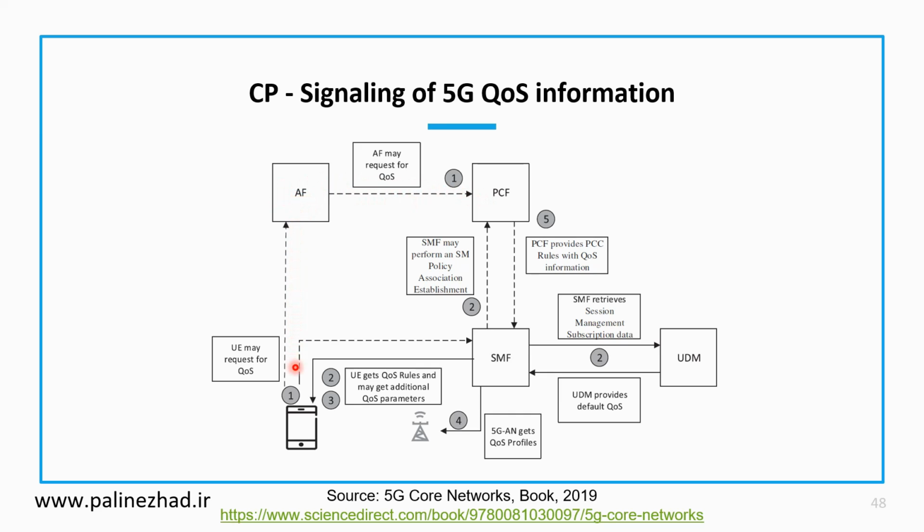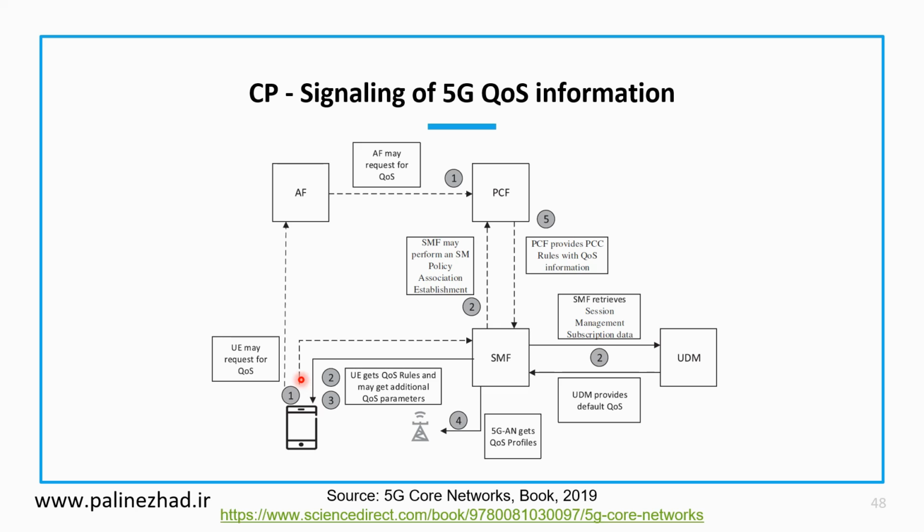So the UE may request the QoS flow from the application function or by NAS signaling from SMF. So here we have two ways, through application function or through NAS signaling. The UE asks for a special QoS.